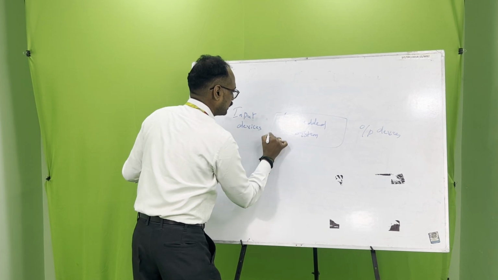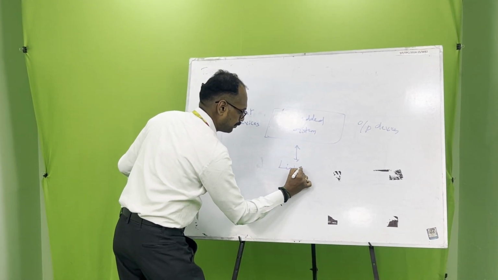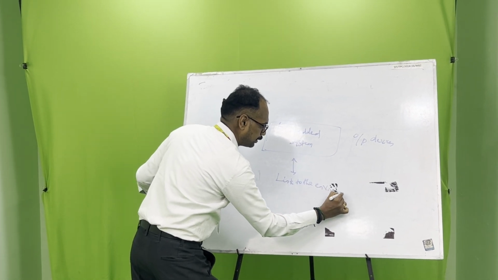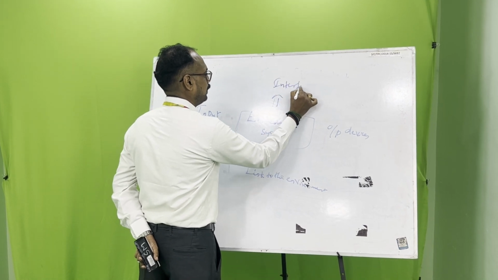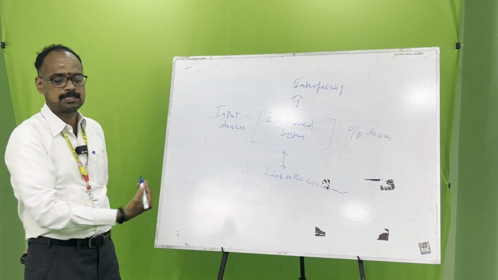Then a link to the environment, and the last one is the interface to the system, interfacing. So this is the next level of the embedded system components.